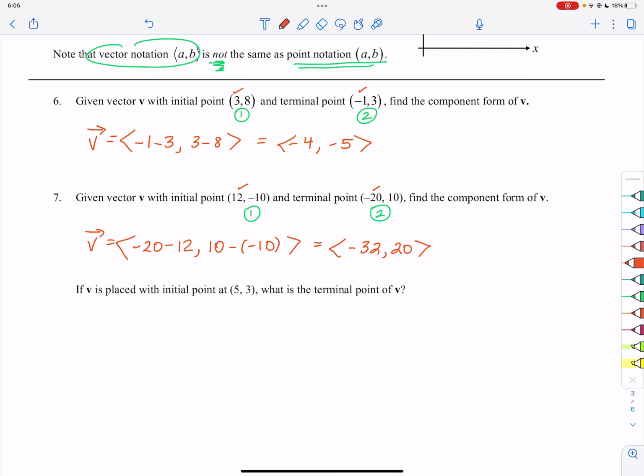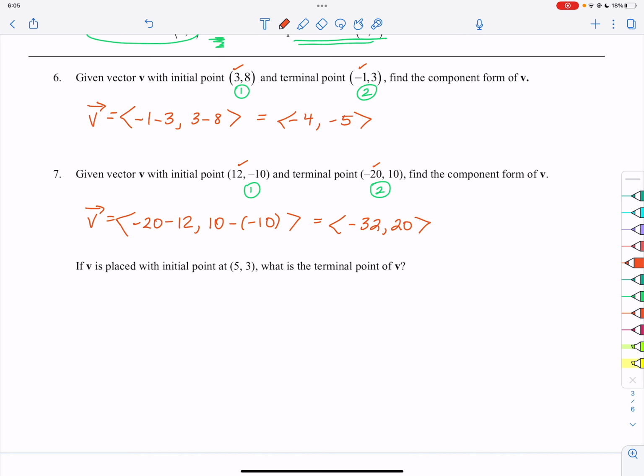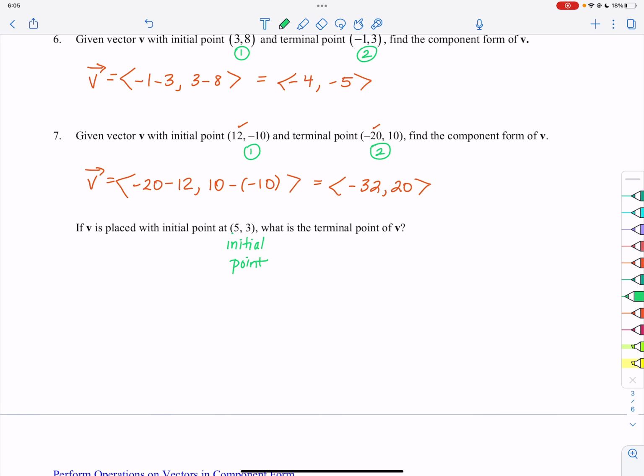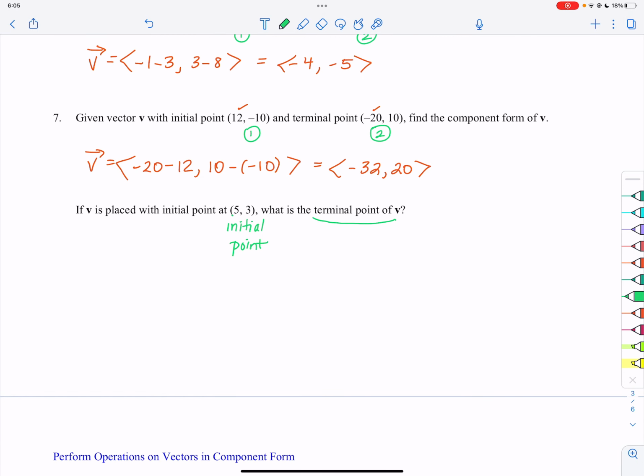Okay, if this vector V is placed with initial point at 5, 3, so this is the initial point, what would the terminal point of V be? Well, our terminal point would be 5 minus 32, and then we would have 3 plus 20.